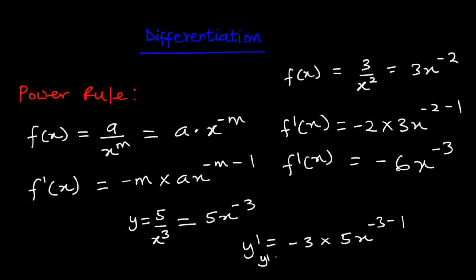This will give us y prime equal to minus 15x to the power minus 4. You can write this as minus 15 divided by x to the power 4. This is also correct. So this is how to apply the power rule when you have a function that has a negative exponent.